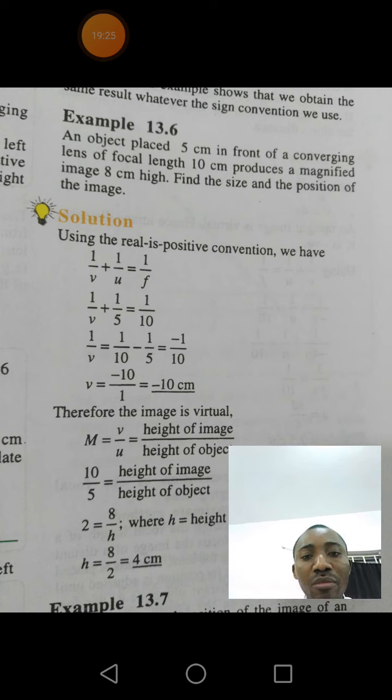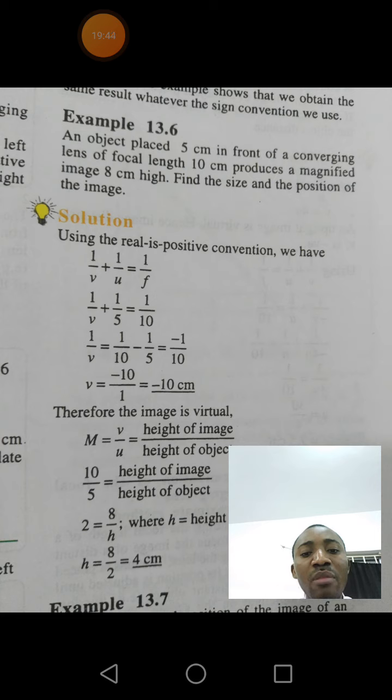Okay, so now let's come back to what is magnification. Magnification is the same as image height over object height. It's also the same as image distance over object distance.